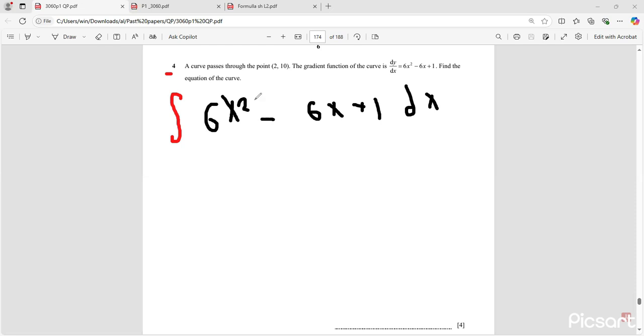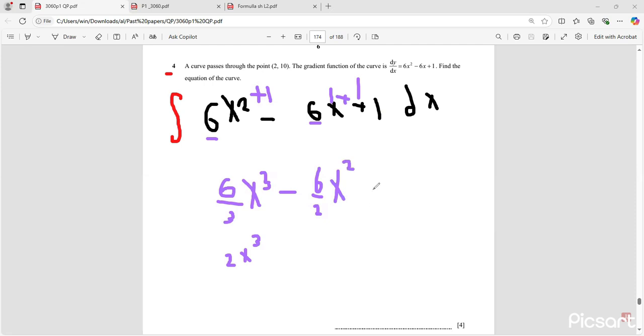Okay, so here we just add 1 to the power and divide by the new power. So here it will be 6x cubed over 3, which equals 2x cubed, minus 6x squared over 2, and the 1 becomes x, then plus c.